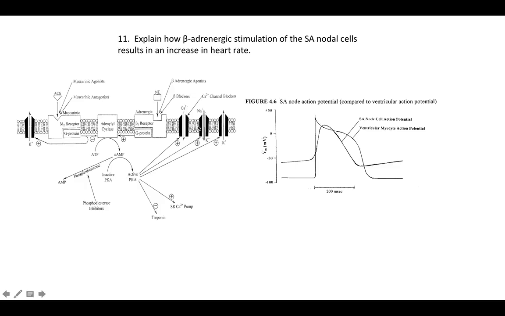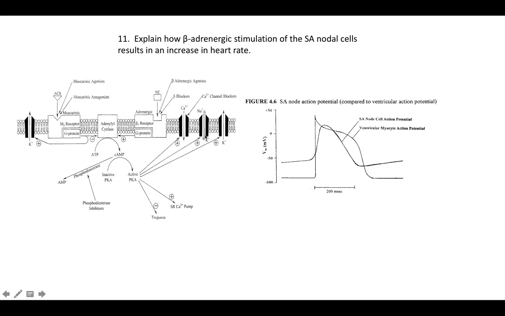So you'll notice that this pacemaker channel is active during phase 4. So you get repolarization, and the pacemaker channel opens at negative voltages, but it opens really slowly. So as the pacemaker channel opens, our voltage rises because we're bringing in more and more sodium.